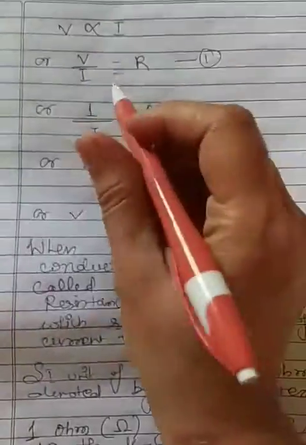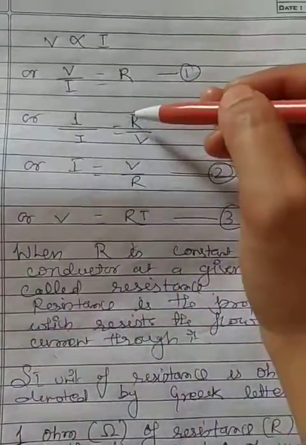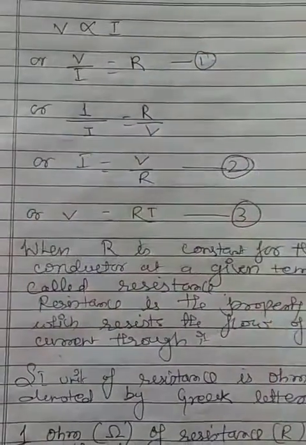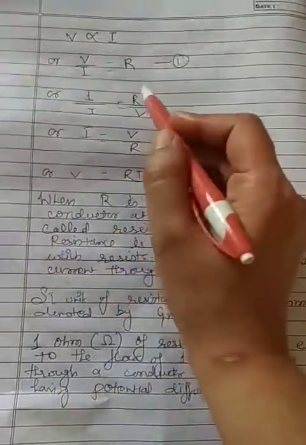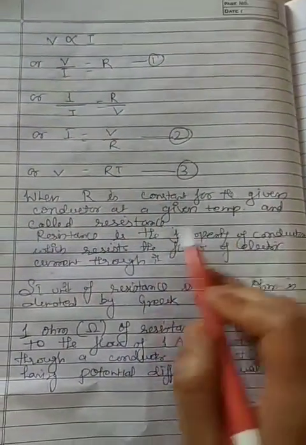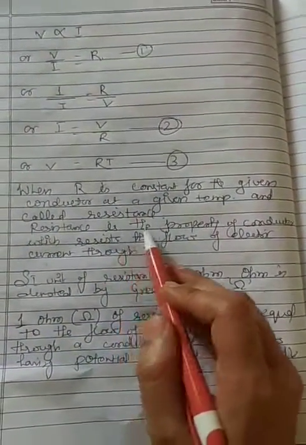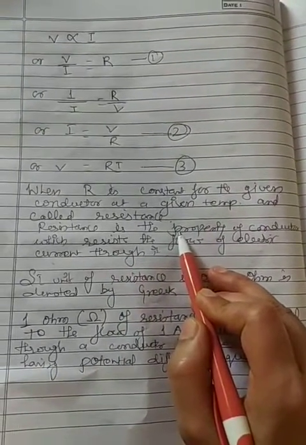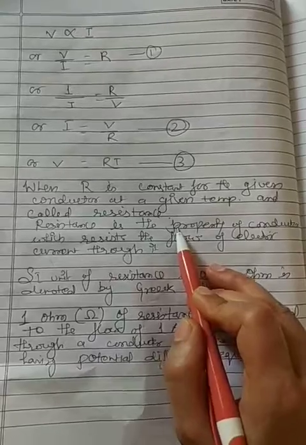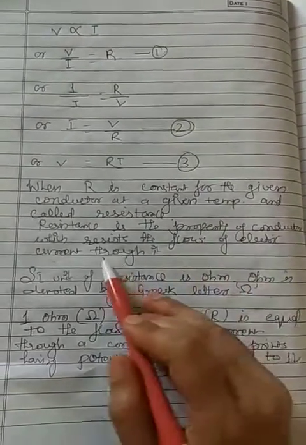Here you can see the formula, where R is constant for the given conductor at a given temperature and is called resistance. Resistance is the property of a conductor which resists the flow of electric current through it.